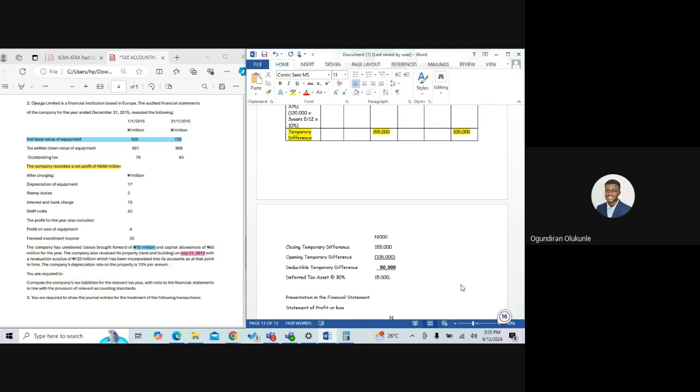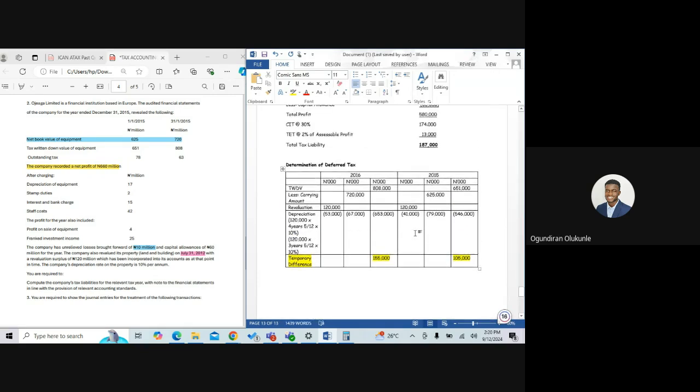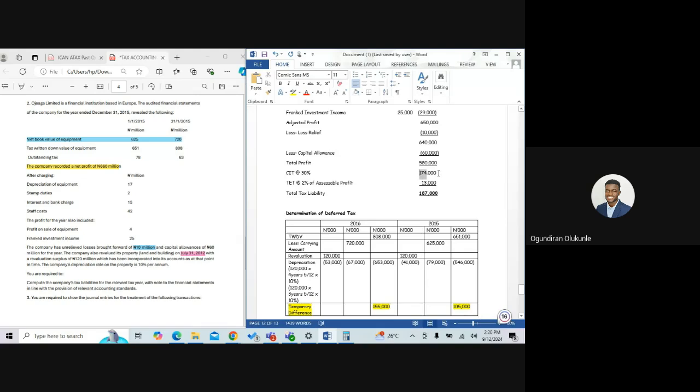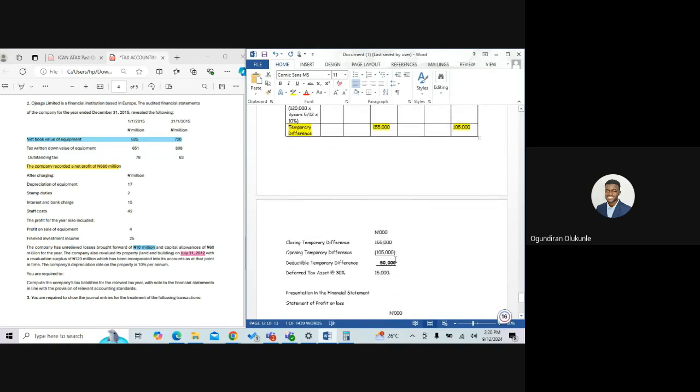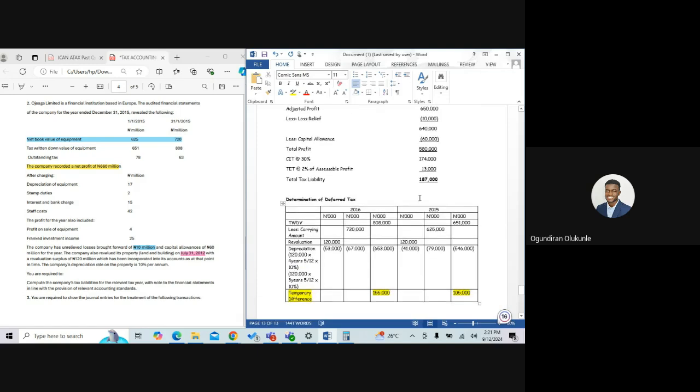And then we have the following. Are we together, please? So we have CIT. What's the CIT amount? The CIT that we computed was how much? 174,000. Then you have TET. The TET we computed was how much?